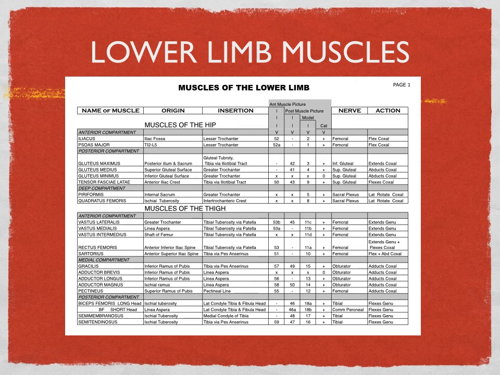So, of course, our first challenge in studying lower limb muscles will be to learn the names of these muscles. You can see in the first column here that I've highlighted the names of each and every one of the muscles in the lower limb that we are going to be challenged to learn. Along with that, there is a list of bone features that the muscles are attached to, which are collectively referred to as the origins and the insertions of the muscles.